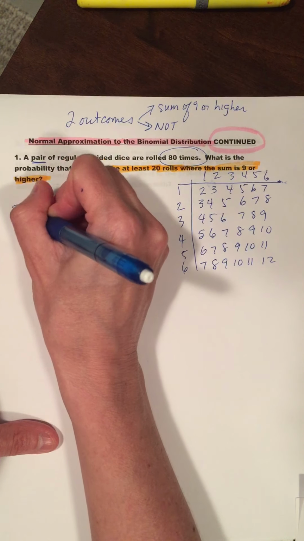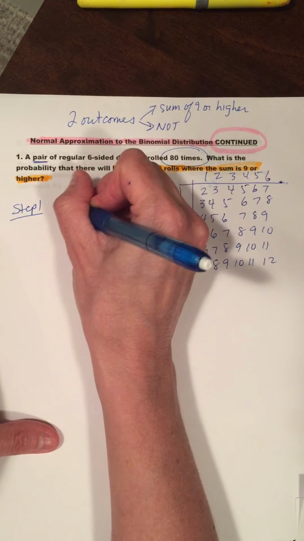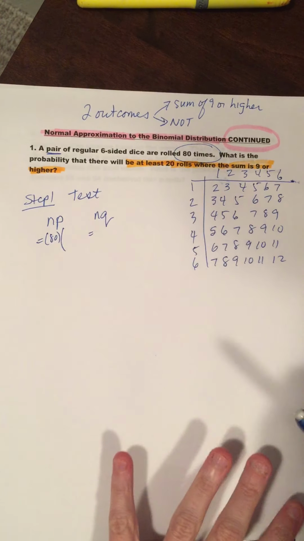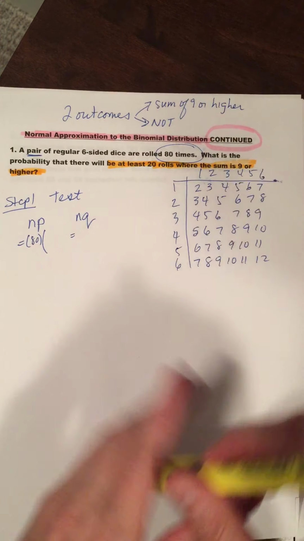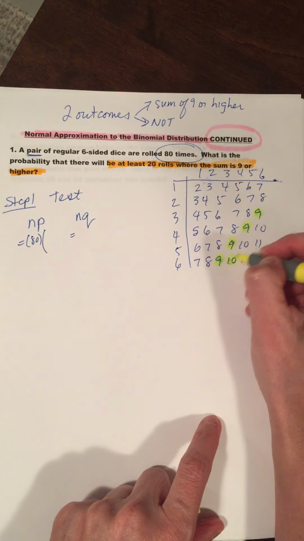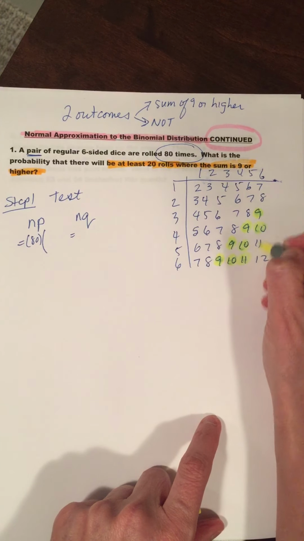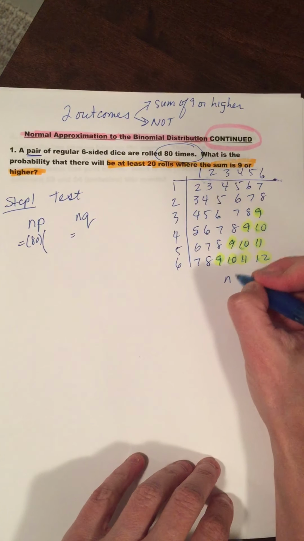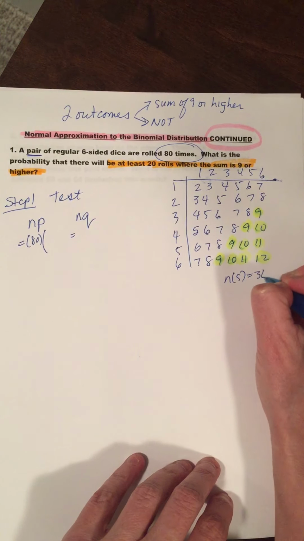So normal approximation is a 3-step process. The first step is your NP and your NQ. Your N is 80. Now, your probability of a sum of 9 or higher: we know in a dice chart question that your NS is 36.